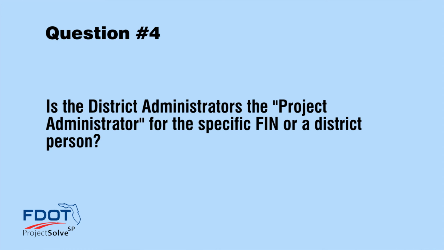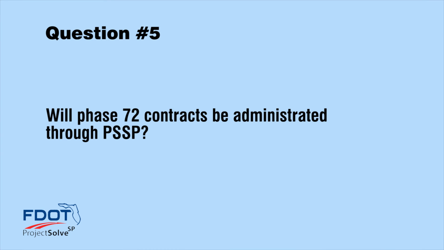The next one is, is the district administrator the project administrator for the specific FIN, or a district person? Actually, the project administrator is a different person than the district administrator. So whoever the PA is on the project will be the one that's in the project administrator group for a particular site.